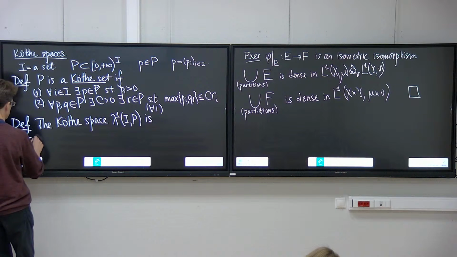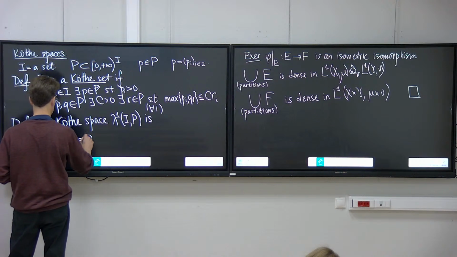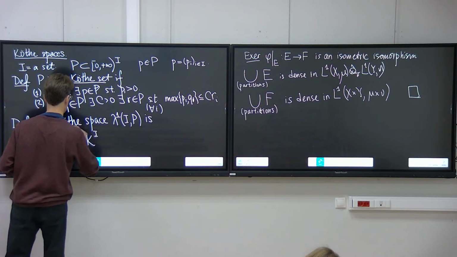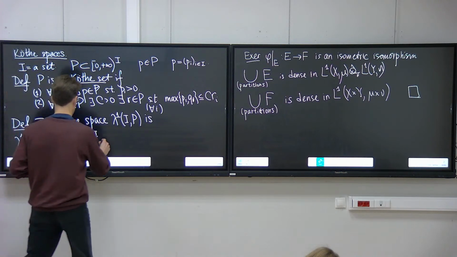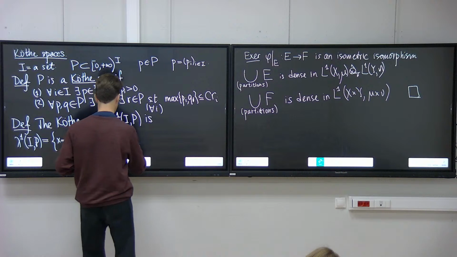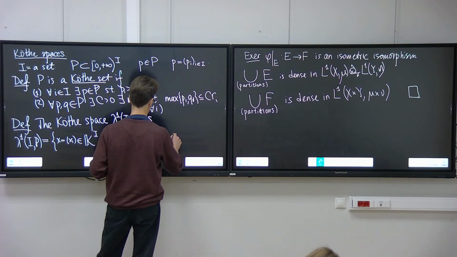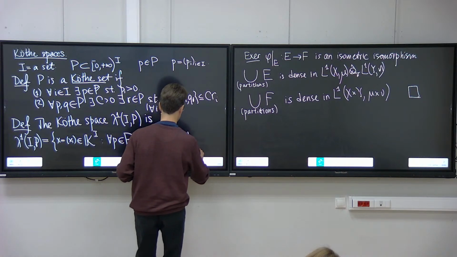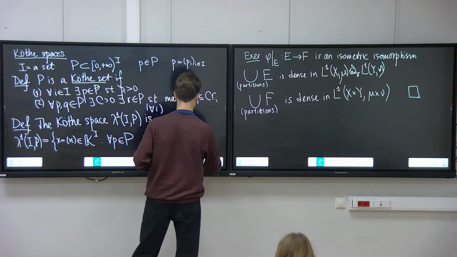It consists of those elements xi in k to the power I, so they are simply functions from I to k, or families of elements indexed by I, such that for every sequence p in big P, the following number is finite. So we simply take the pointwise product of xi and p and calculate the L1 norm, L1 of I. So this has to be finite for every p.